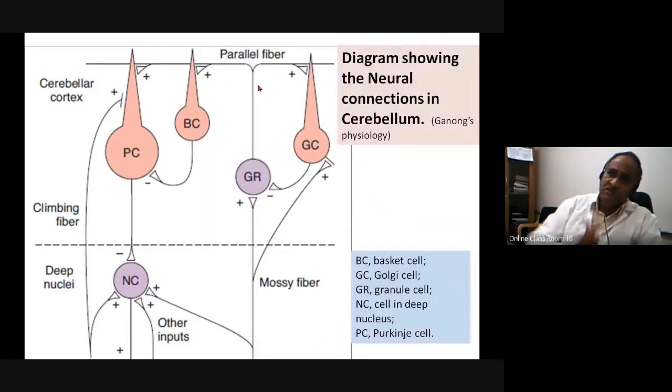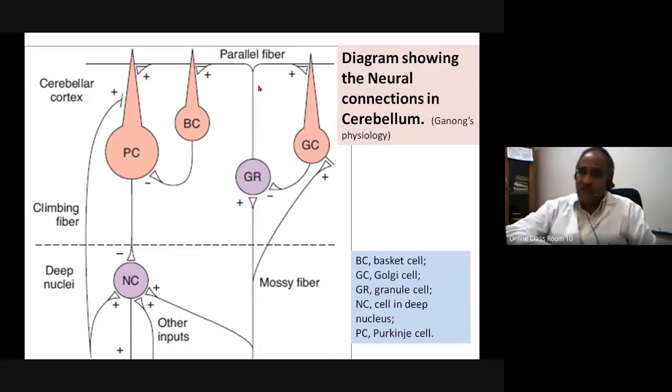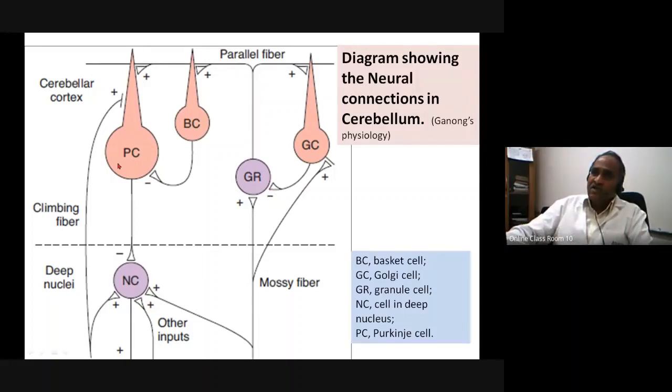Here I am trying to give you an example. This is the picture taken from the cerebellum from Ganong. Okay, I will just explain it to you here. This is one Purkinje cell, and these branches are the dendrites, and this one is the axon. This is a basket cell.